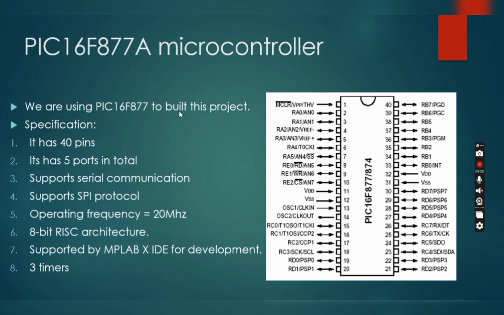Now we will see the PIC16F877A microcontroller, as we are using PIC16F877A to build this project. Why this microcontroller only? Because it has 14-bit instruction words, providing a good balance between complexity and simplicity.